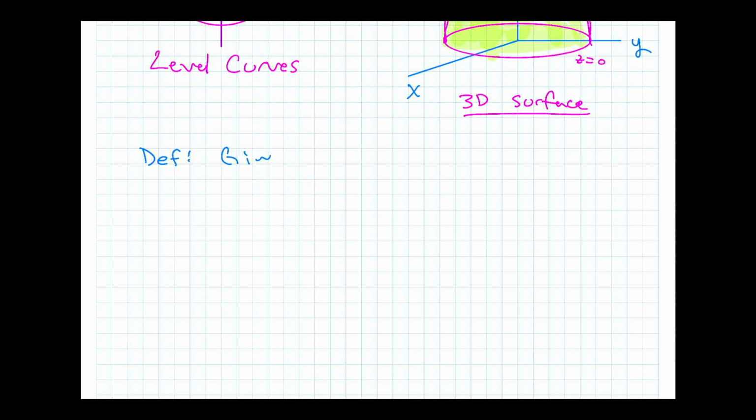Given a function, actually they don't even use z there.